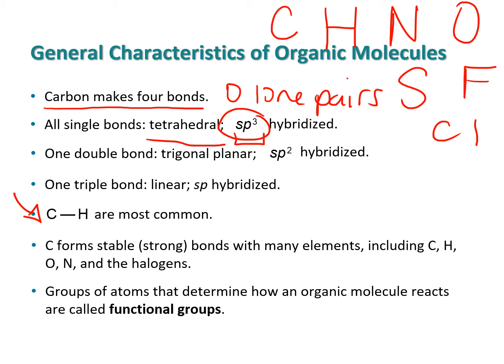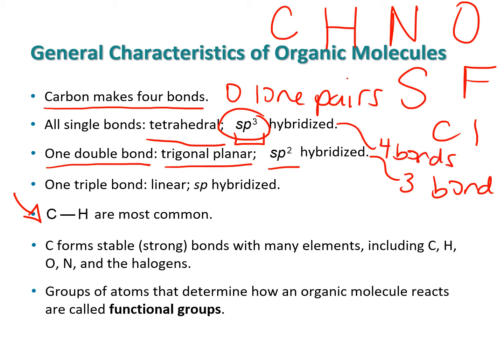Carbon can also form double bonds, and when you have a double bond on this carbon, you will have a trigonal planar geometry and sp2 hybridization. So this corresponds to 3 bonds around a carbon. This corresponds to 4 bonds around a carbon. And then finally, if you have carbon triple bonded to another carbon, this is a linear geometry with sp hybridization, meaning you have 2 bonds total around this carbon.